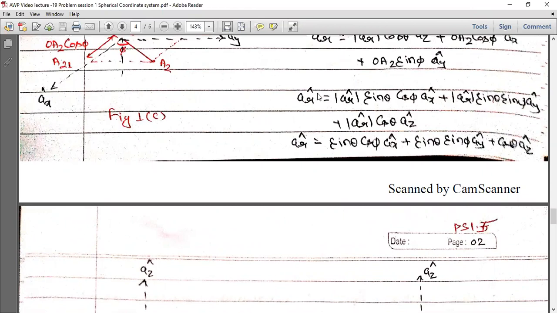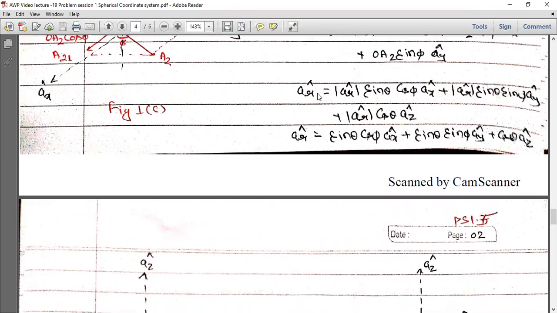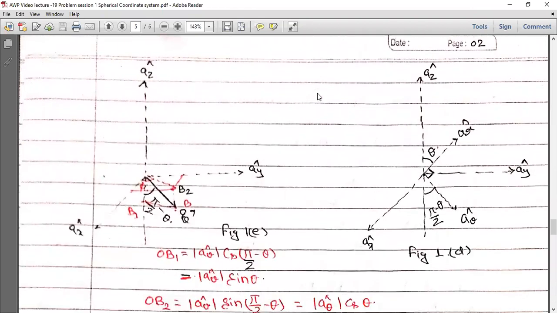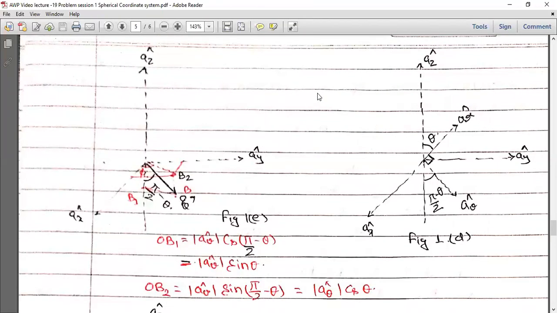We want to represent AR cap in terms of ax, ay, az, A theta in terms of the same, and A phi in terms of the same. And then we perform their dot product. And we are very comfortable with this mechanism that ax dot ay, ay dot az, az dot ax are all 0, and ax dot ax is 1, ay dot ay is 1, and az dot az is 1. So in this manner, we can find it very easily.